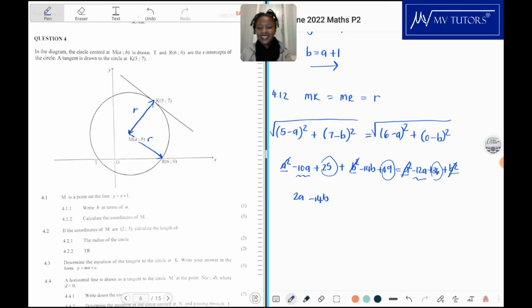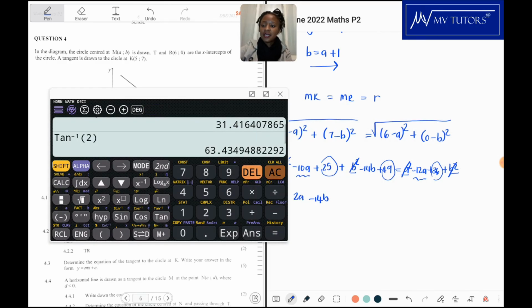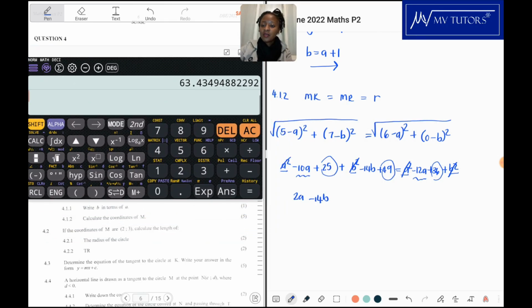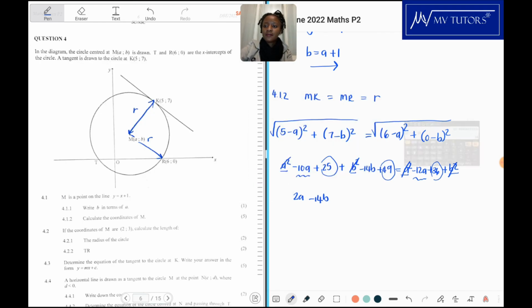Ooh, almost didn't see that. So I'm definitely going to need a calculator here. If I take 25 and I add 49 and then I subtract 36, I'm left with 38. So plus 38.